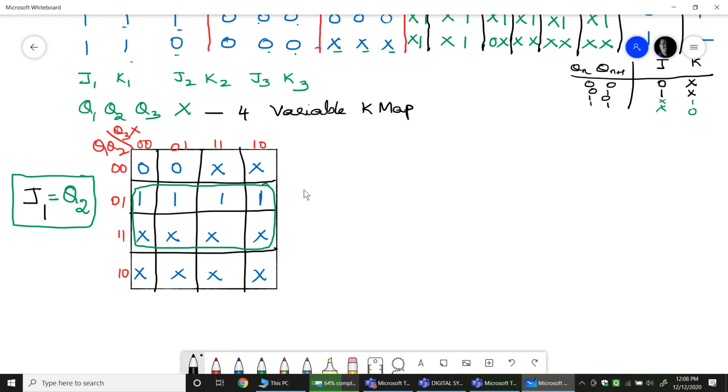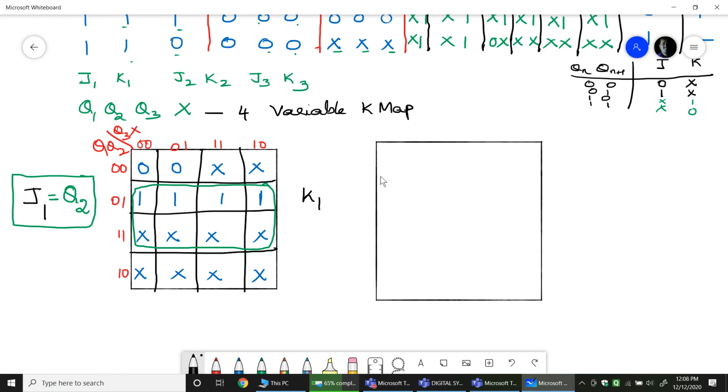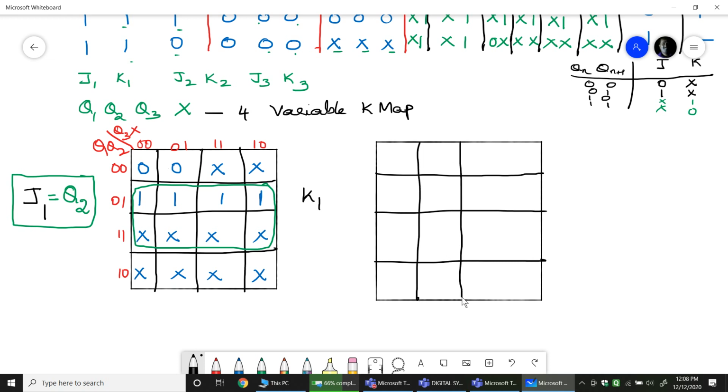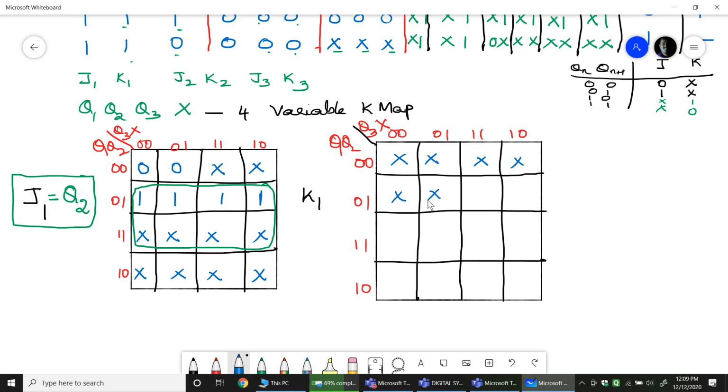Similarly, if I write the K-map for K1, okay, so for K1 we see these entries will be, by looking into the table, if you enter this is the entry that you get by looking into the table.